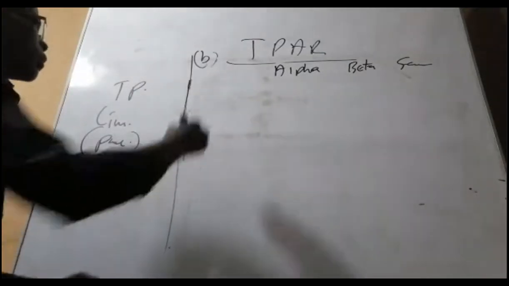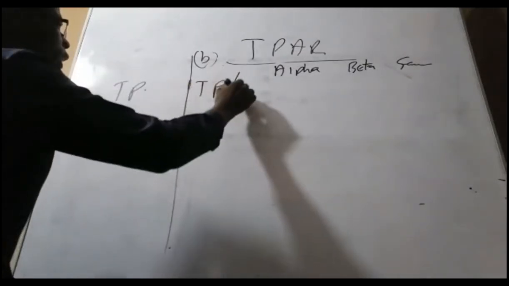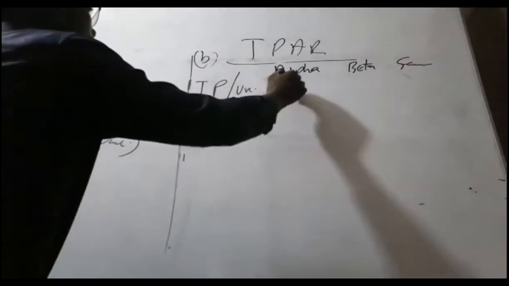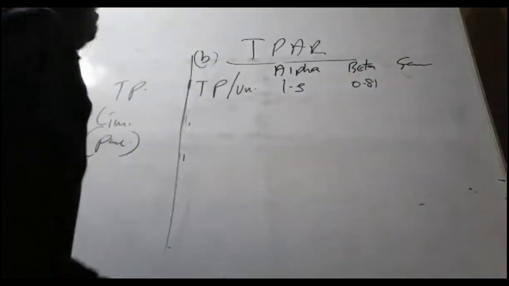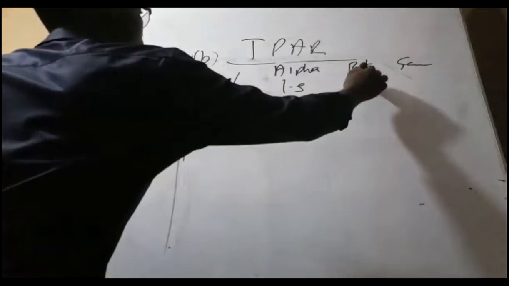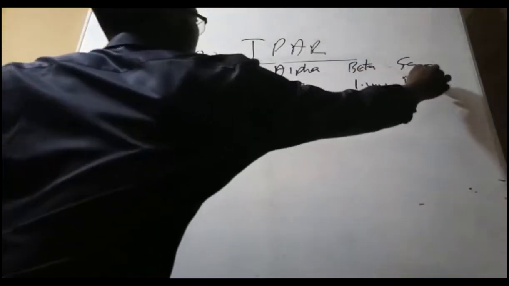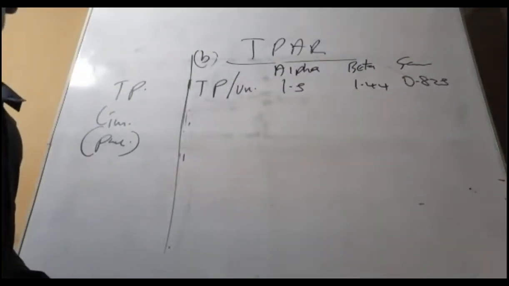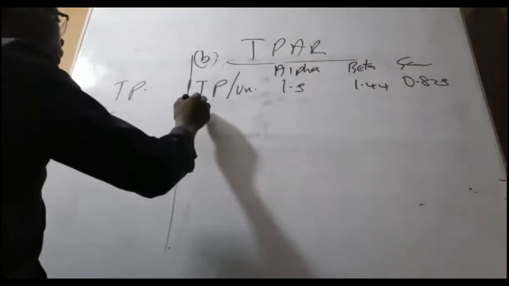So throughput is still the same. So for time purposes, start from your throughput per unit. The throughput per unit, we had 1.5, 0.81, 1.44, right? And 0.825. So then we now bring the limiting factor.